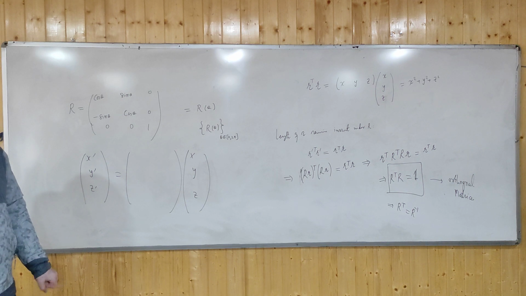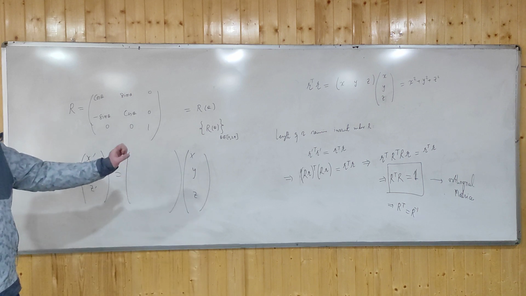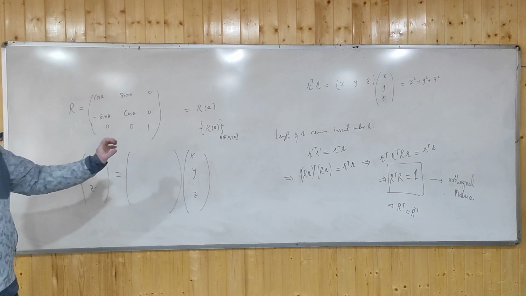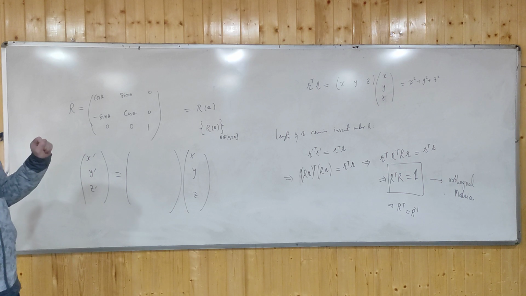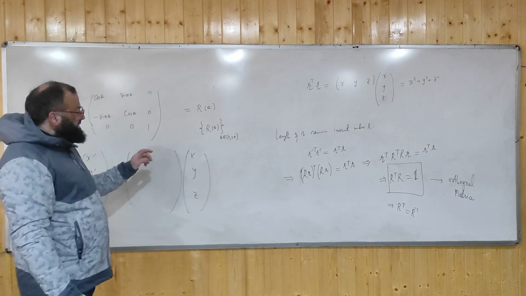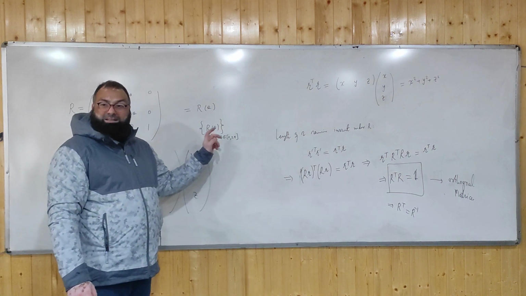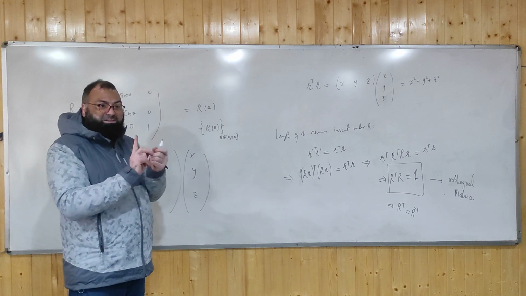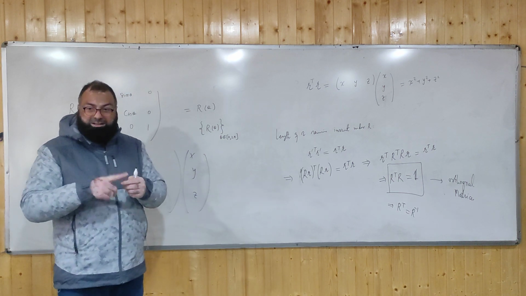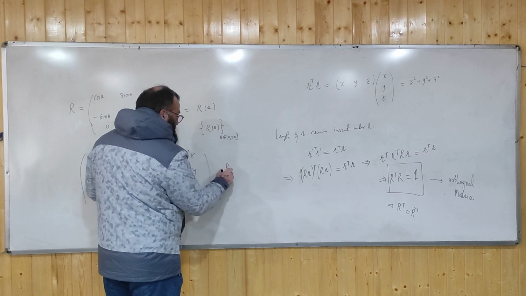So how many elements are there? An infinite number of elements, and I can call this a set. One more thing is that all these elements are connected by a continuous transformation. Let's say you have R of 0.